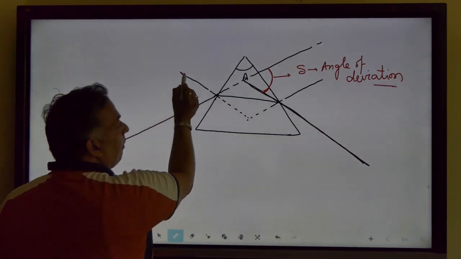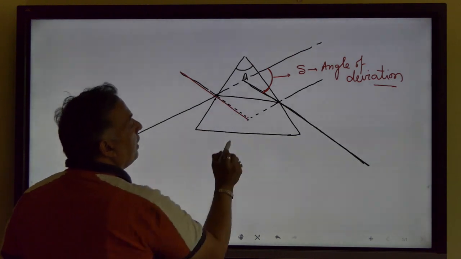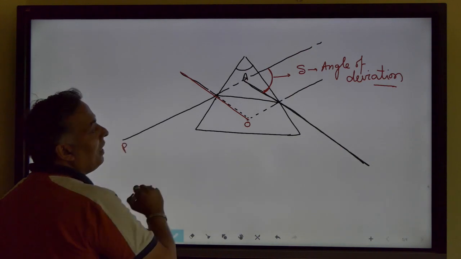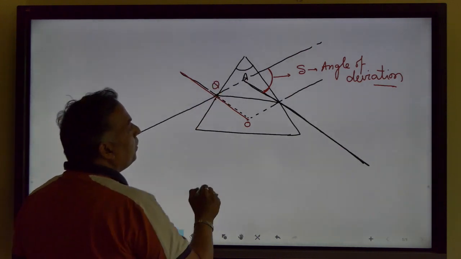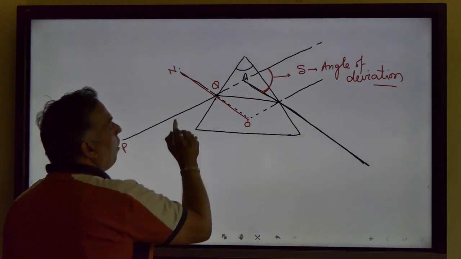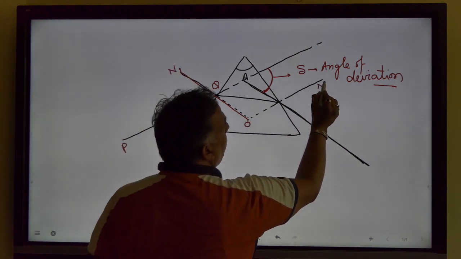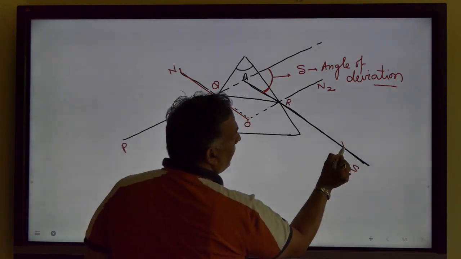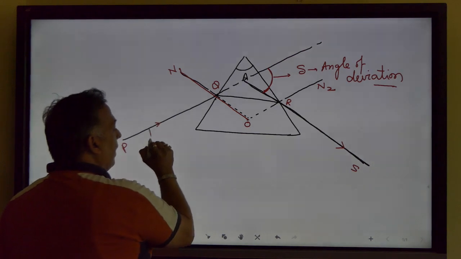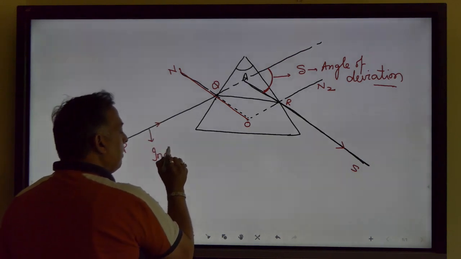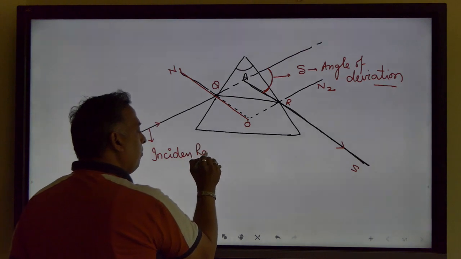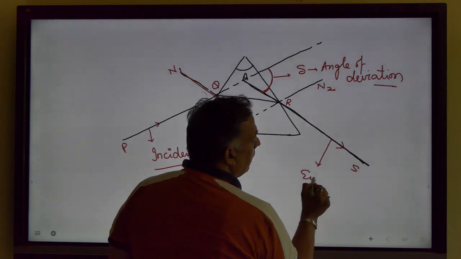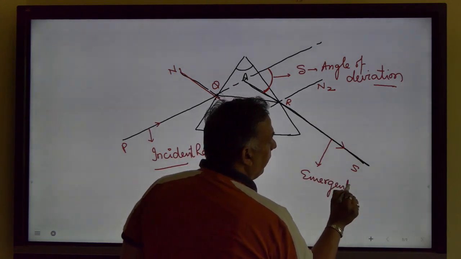And when we draw a normal over it, this is point O. This is any ray P, striking the surface at Q. This N1O is one normal and N2O is another normal. This is R, this is S. This ray is known as the incident ray, and this is known as the emergent ray.